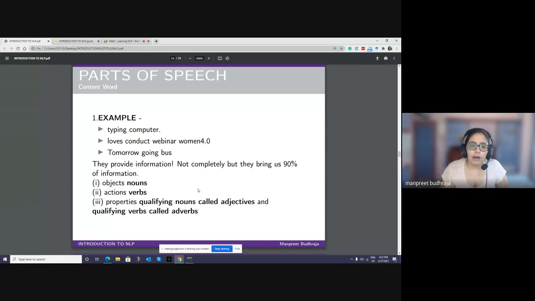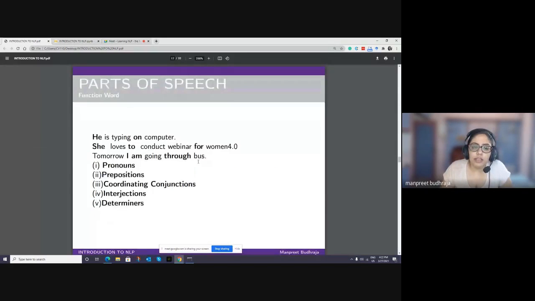And they have a proper list. New words are generally not added to these words so often. And then you have function words which make these a complete sentence. He is typing on computer. She loves to conduct webinar for tomorrow. I'm going by bus. So these function words are basically joining everything and making it a proper sentence, and this includes pronouns, prepositions, conjunctions, interjections, and determiners.